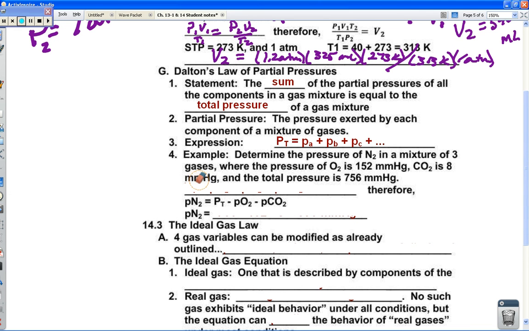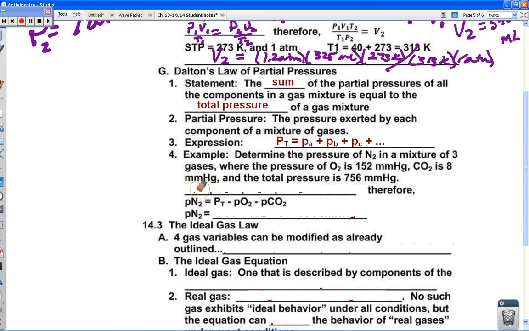Okay, so, our example, determine the pressure of nitrogen in a mixture of three gases, where oxygen is 152, carbon dioxide is 8 millimeters of mercury, and the total pressure is 756.